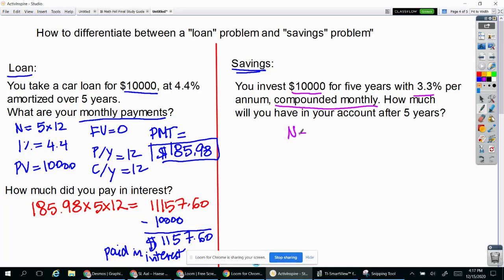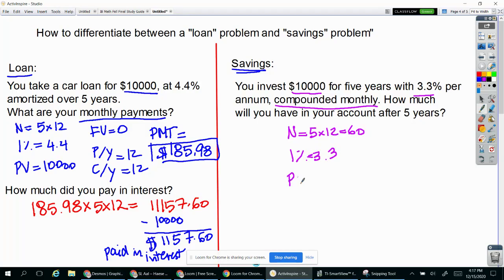So I know that the number of compounds in total, or payments in total, how many times the amount compounds, is going to be 5 times 12 again. So that is 60. Interest rate is 3.3%.